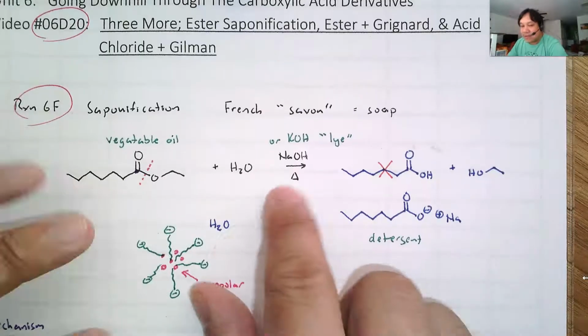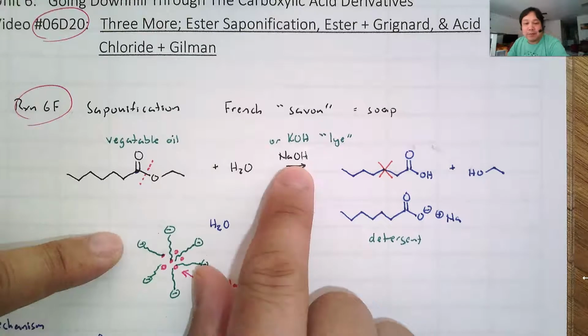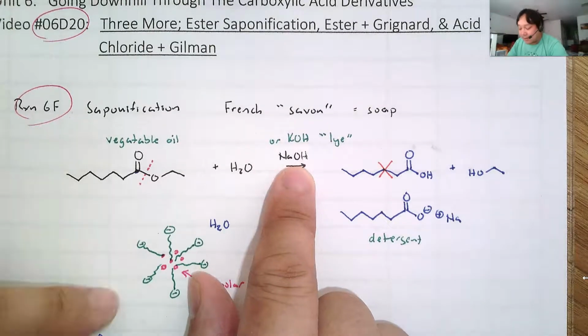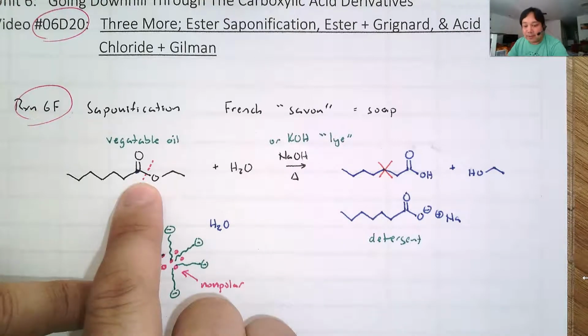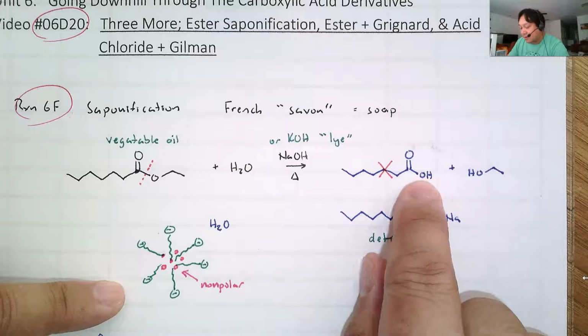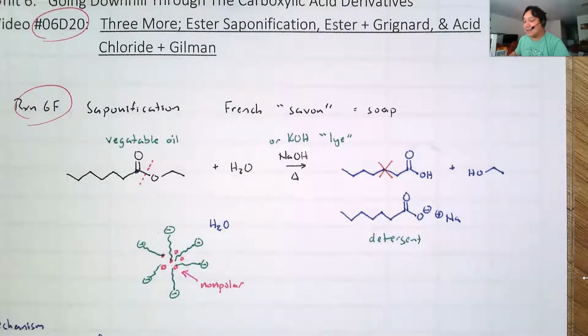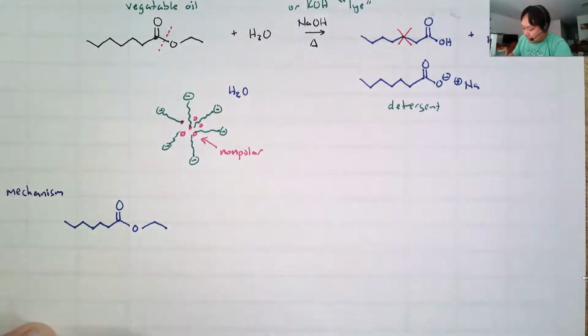A catalyst means that it will do its job, but you don't actually consume it, so you only need a little bit of catalyst to do the reaction. We don't need a little bit of OH minus. We need a lot of OH minus. We need one molecule of NaOH for every molecule of vegetable oil, because that's the OH right there. So we need at least one equivalent. It's not catalysis.